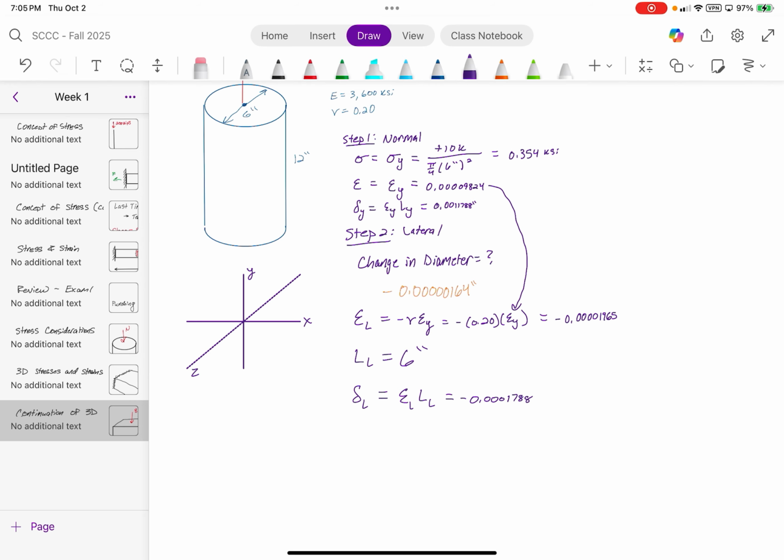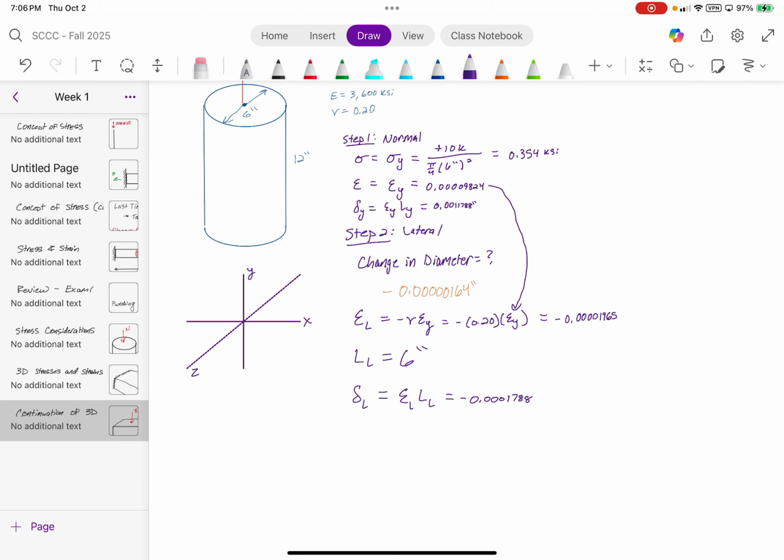So the delta L, that denotes the change in diameter? Yeah. Because in this type of problem, the only lateral dimension there is is the diameter. Because like X or Z, it's the same dimension no matter what. That's just what I was confused on, because I did solve for that and I got what you got, but I didn't know if there was extra.